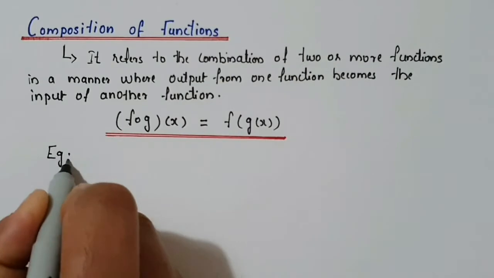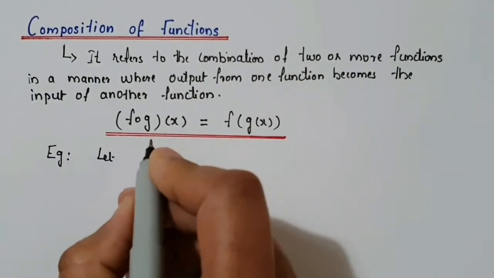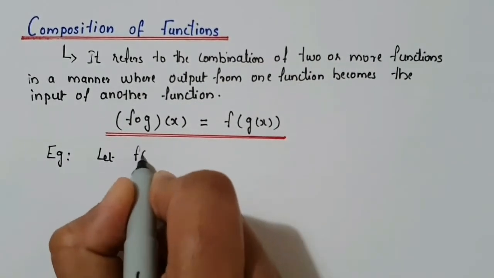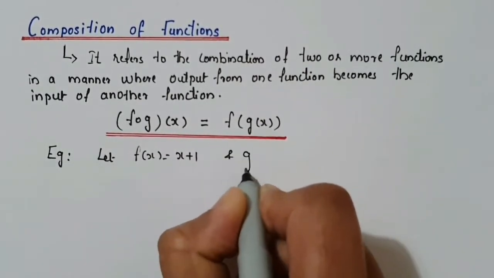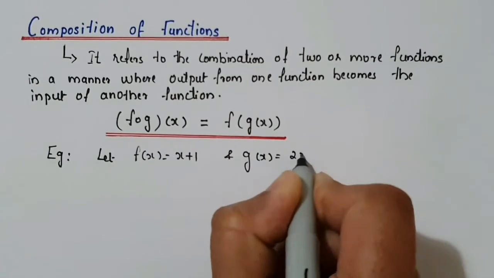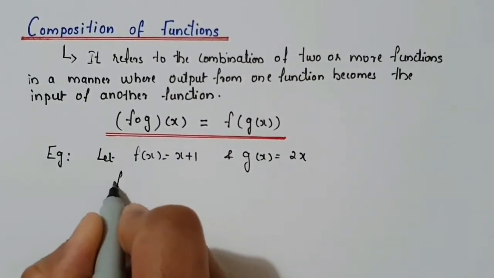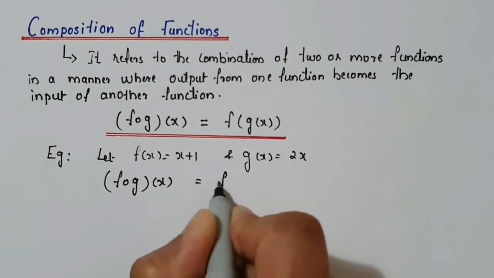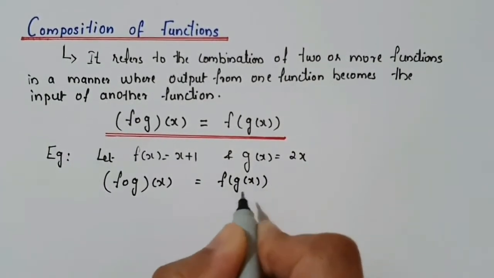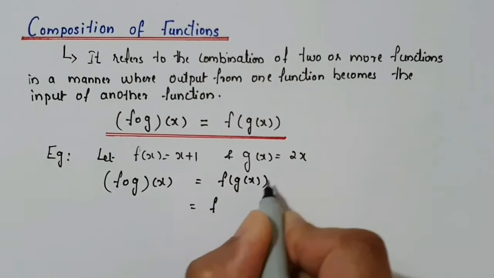For example, let f of x be equal to x plus 1 and g of x be equal to 2x. Now, f composed with g of x is equal to f of g of x. Now, what is g of x here?